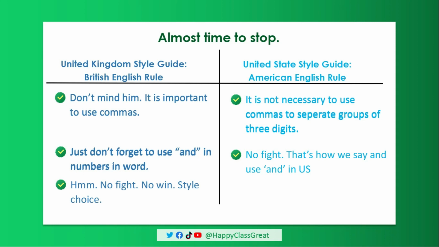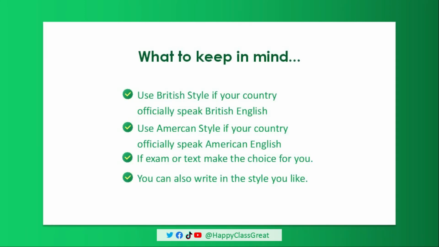Now in the next slide, I'm going to tell you everything in brief, whether you use the British English style or the American English style. So this is what to keep in mind. The first thing is that you use the British English style, that means use "and" and use commas, if your country officially speaks British English, like Nigeria, for example.